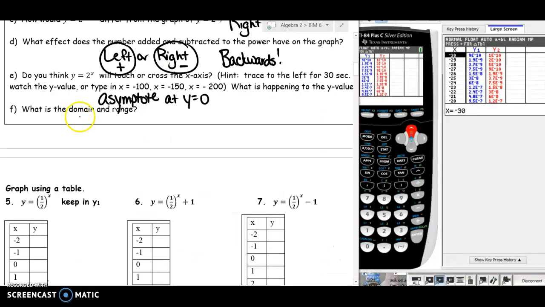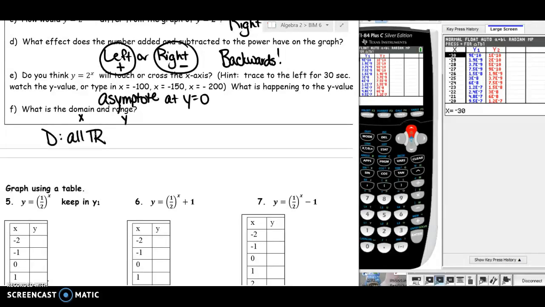Remember that domain is the x values and range is the y values. The domain for all of these is going to be all real numbers. The graph extends forever to the left, and the x values are going to keep increasing to the right, so all of the x values are included. The domain is all real numbers.